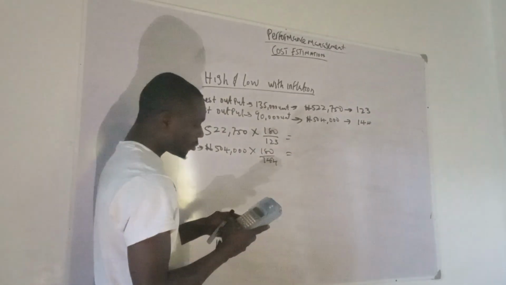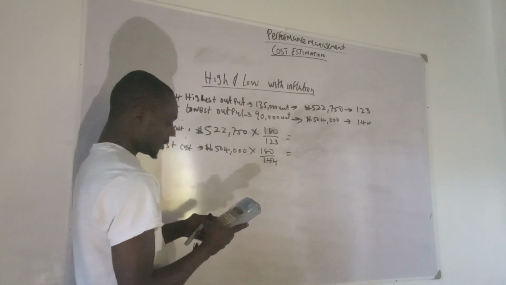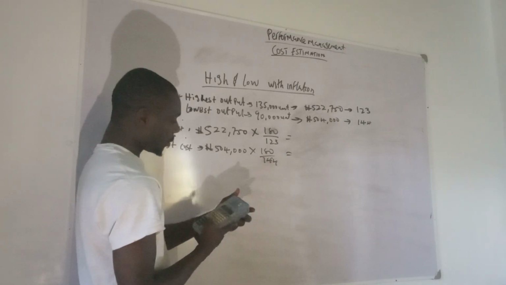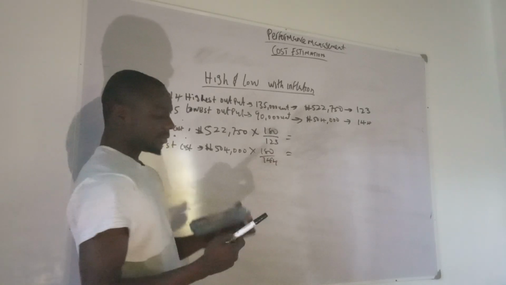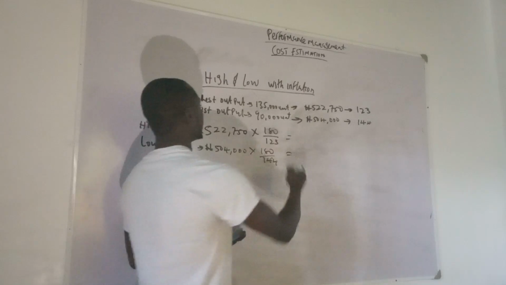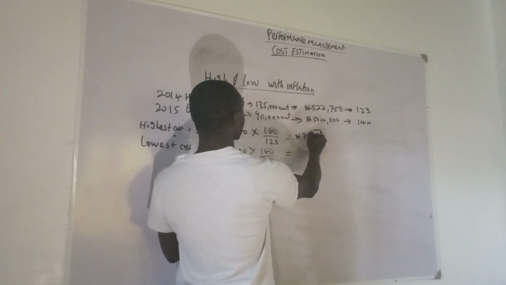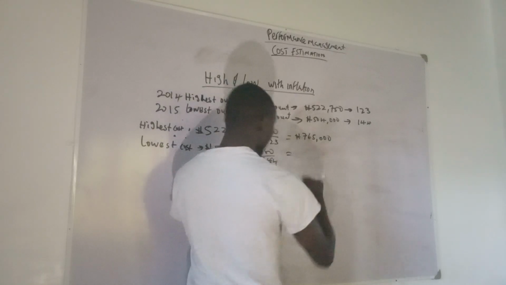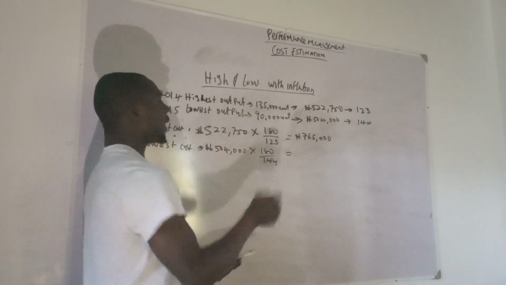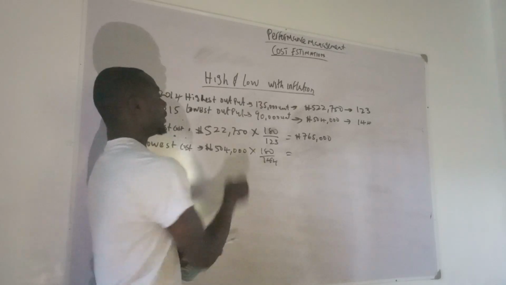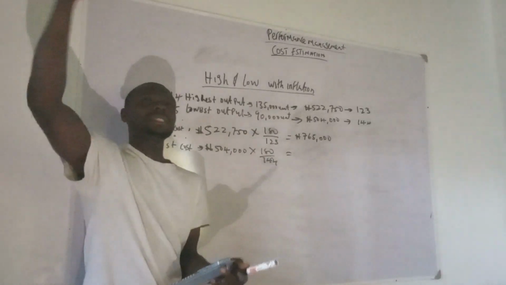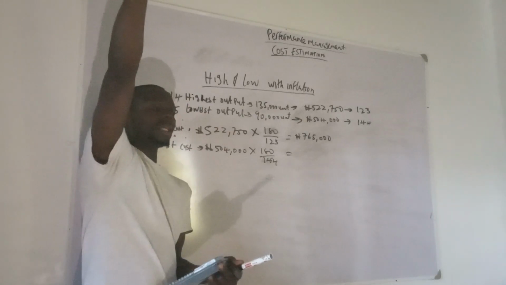So we have 522,750 times 180 divided by 123. What do we have? We have 977,765. So when you adjust for that inflation, this is what you will have, because you have considered inflation in the future.